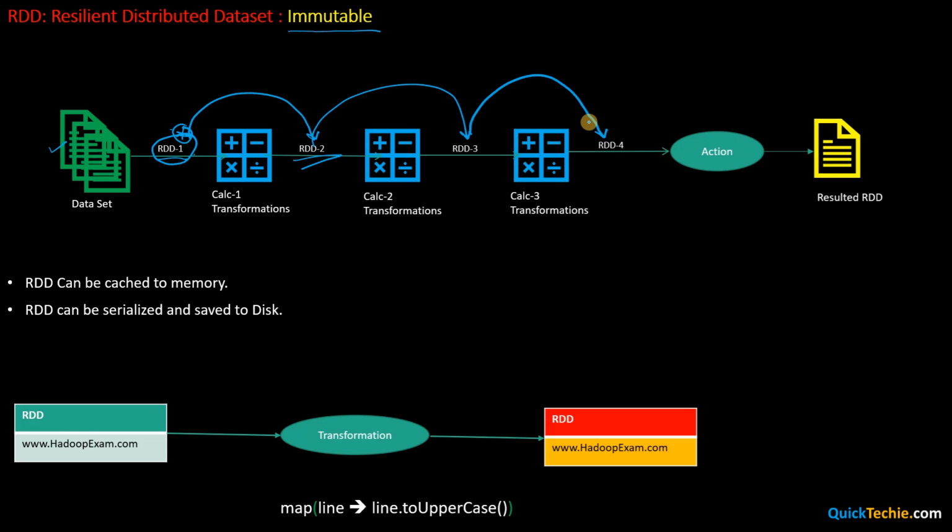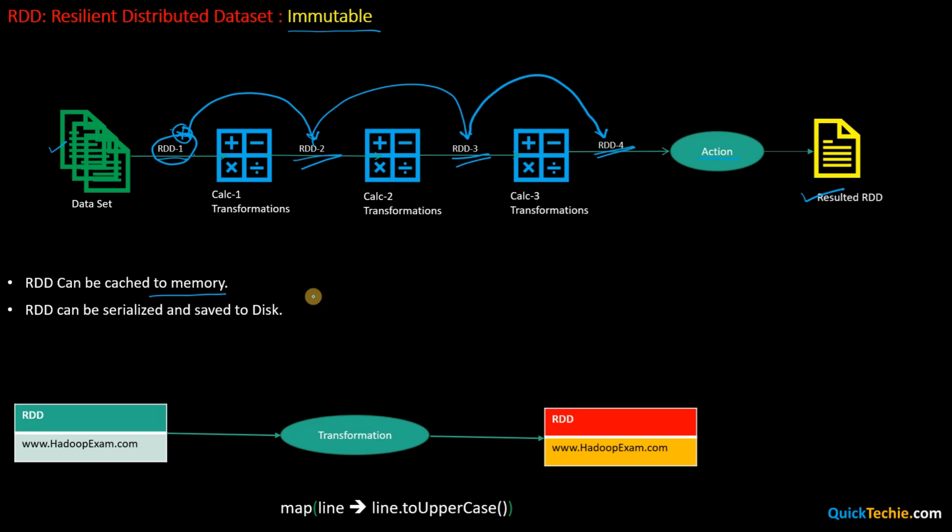It would continuously generate, but it would not modify any existing RDD. It would create a new RDD. And once you perform an action, it would finally generate the resultant RDD. So again, a new RDD.